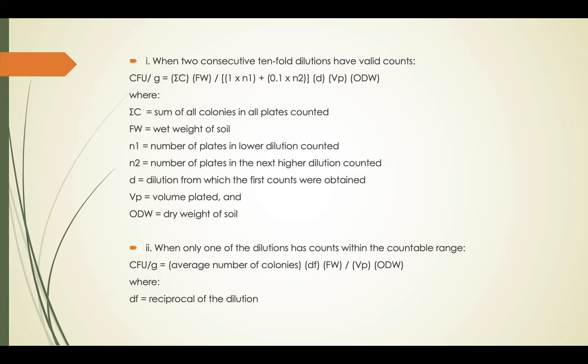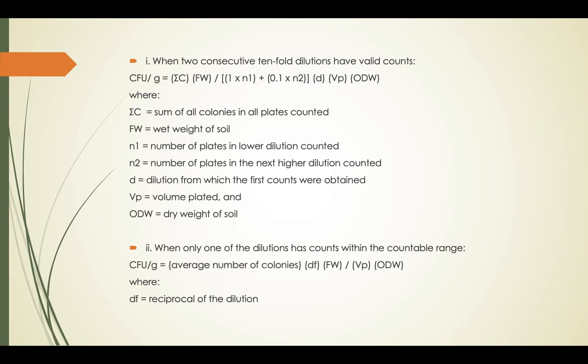But for the purpose of our post lab, the summation C is the sum of all colonies in all plates counted. So if you expect two dilutions, you'll have 6 plates. If they have valid counts, you sum all the colony counts.